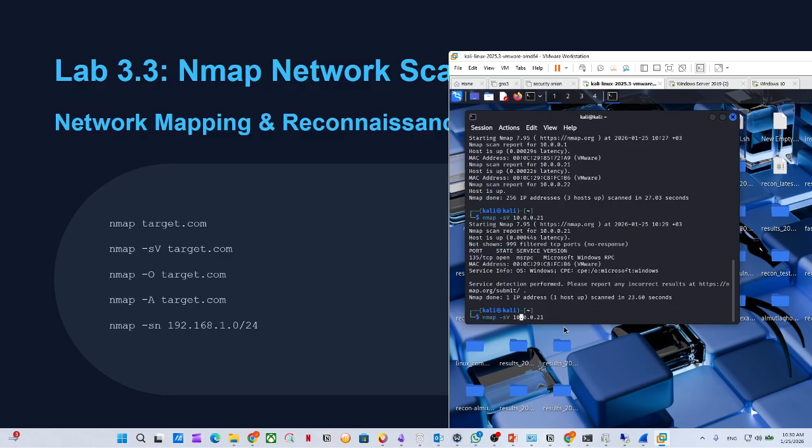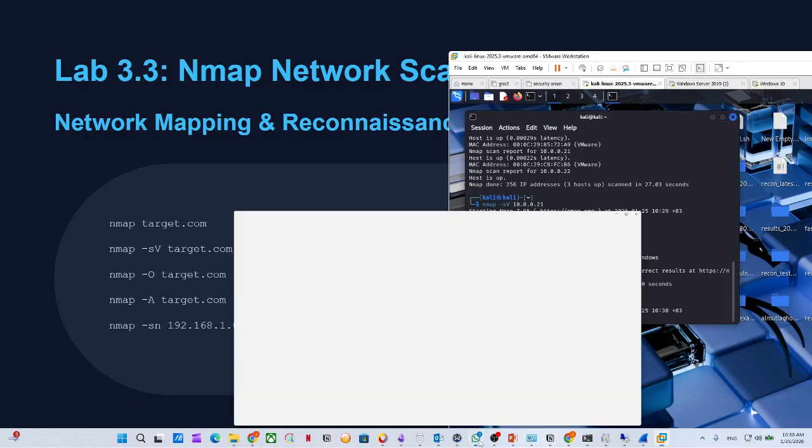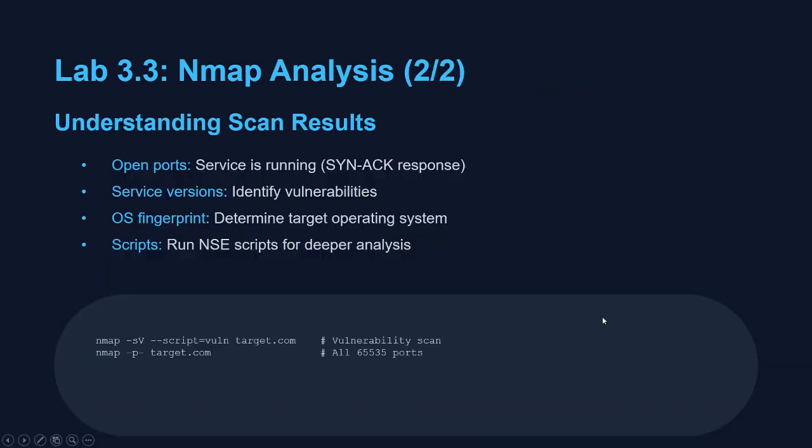Okay, I can try -O to see the operating system, specifically operating system detection, and it will work this way. So our goal is actually to find the open ports.